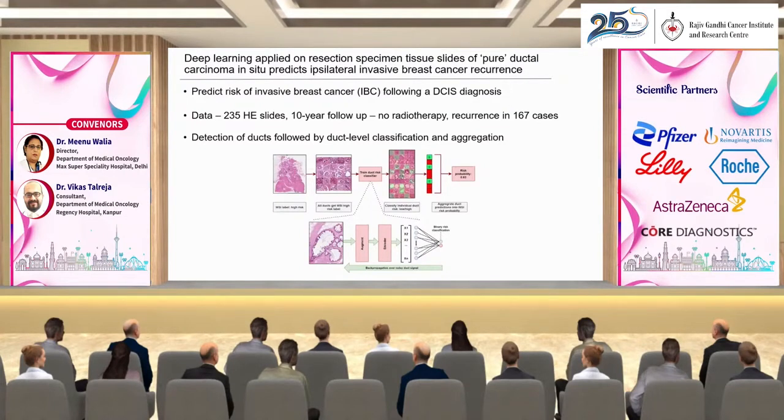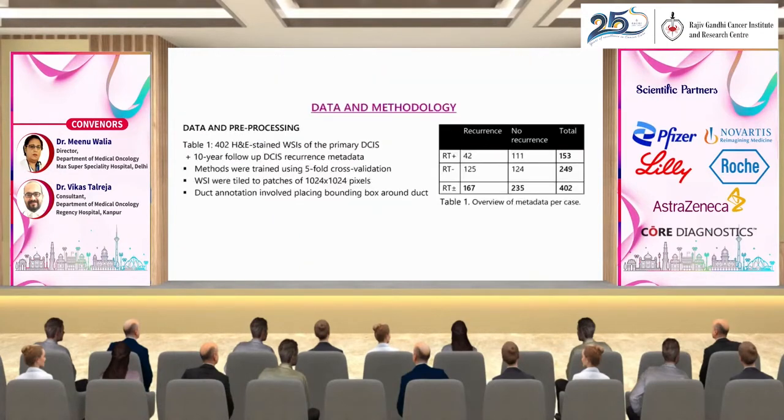The detection used, as we have already said, was a patch approach, in which part of the slide was annotated and then aggregated. So detection of ducts followed by duct level classification and aggregation was used. So this is their data. The RT negative group had 249 cases, 125 recurred, 125 no recurrence.